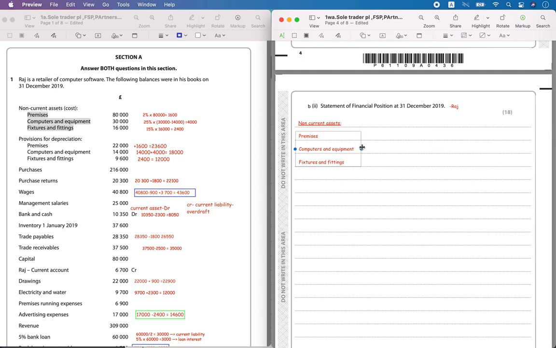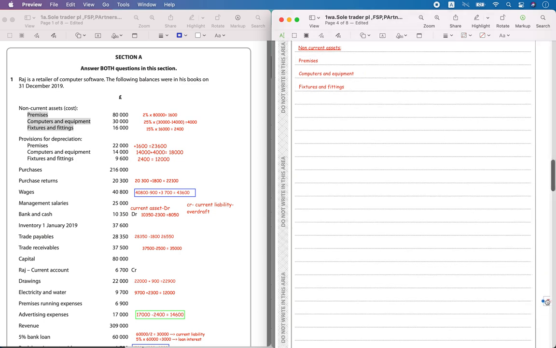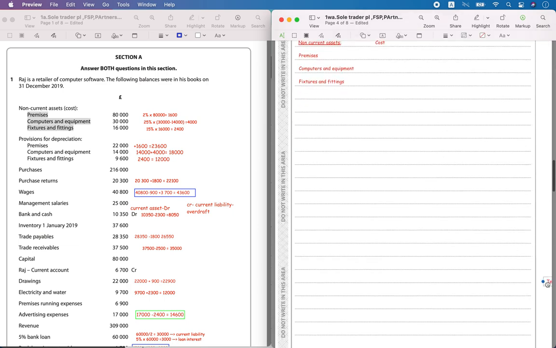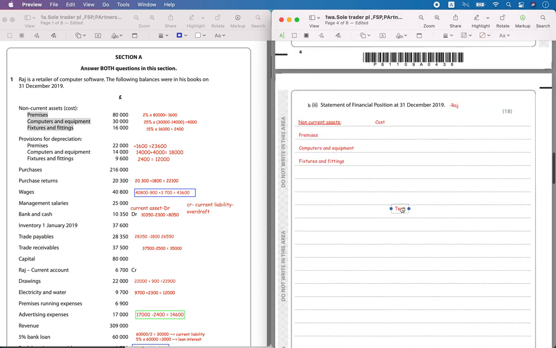So the cost of each of them is given, the balances are given, and there are no adjustments to those. So let's write the cost for all of them. The costs are around 80,000, 30,000 and 16,000. So the premises cost is 80,000.